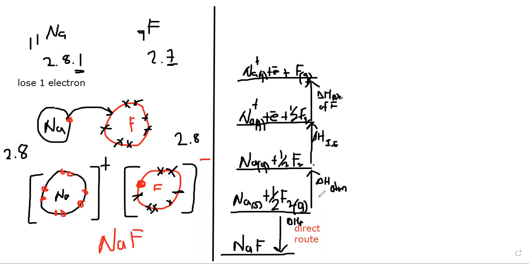This was the atomization of sodium. That was first ionization energy. All right. Now we are ready to transfer the electron from, well, sodium has already given it up. So now the fluorine atom can accept it. So all you need to do is draw the line out a little further. Now we are going to show the fluorine atom accepting the electron.